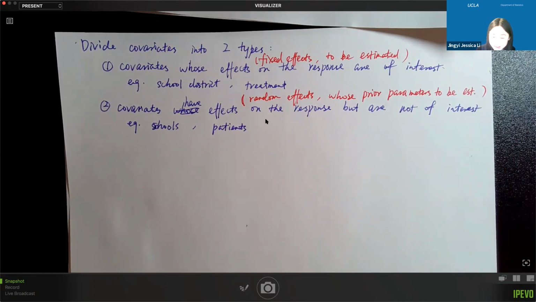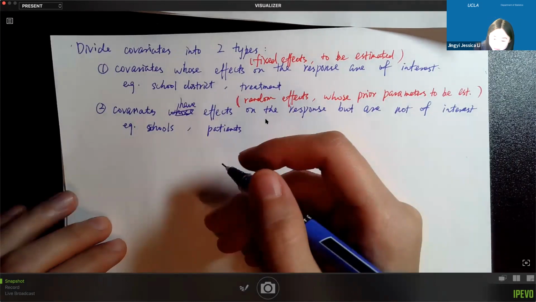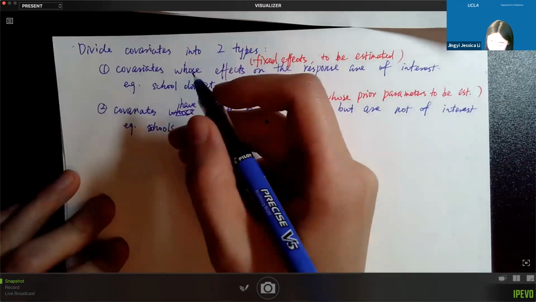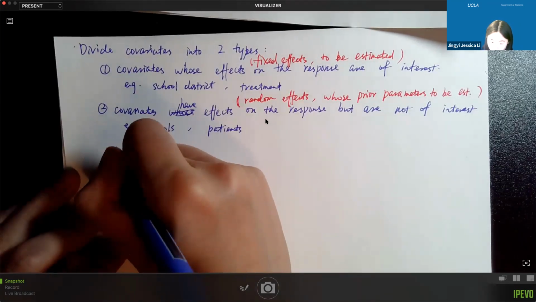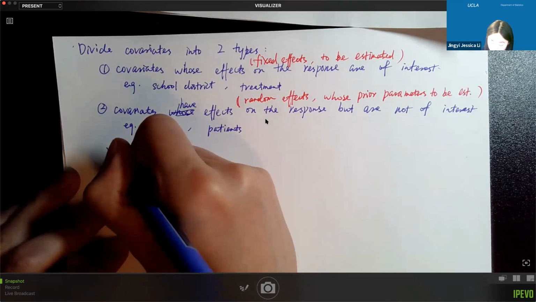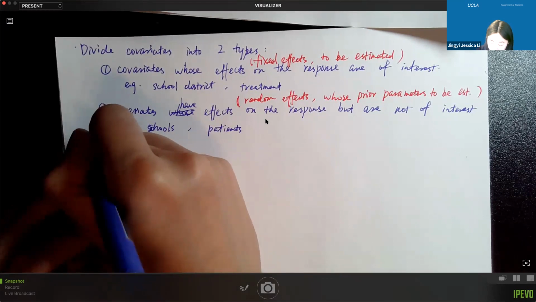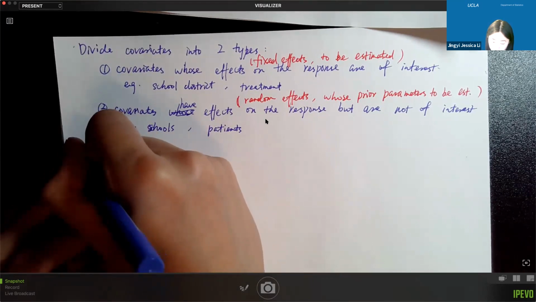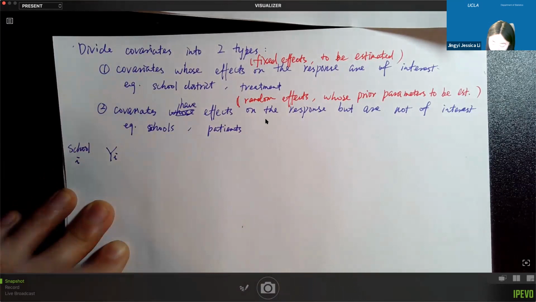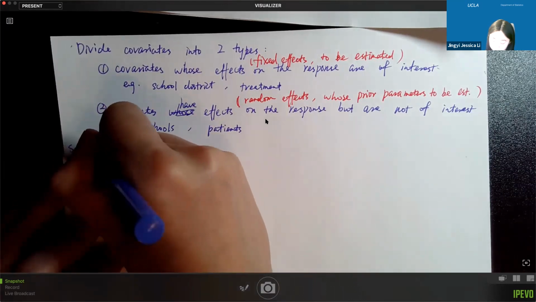Okay, so now let me write down this LMM. The first layer is we have y_i. Still, let me use the school example, school i, with i from 1 to n.